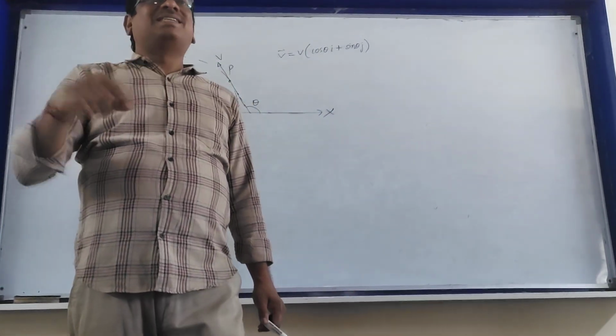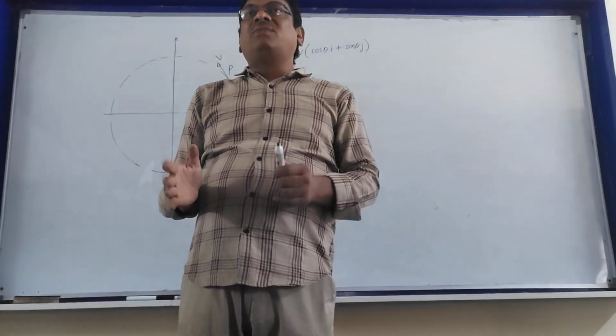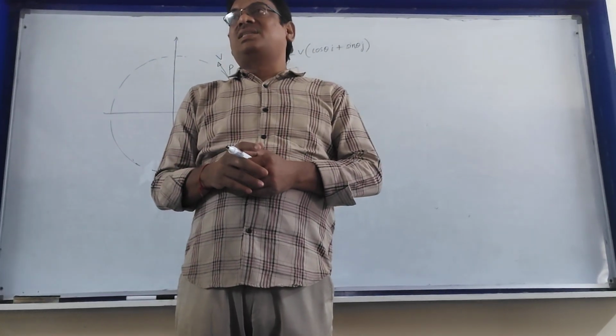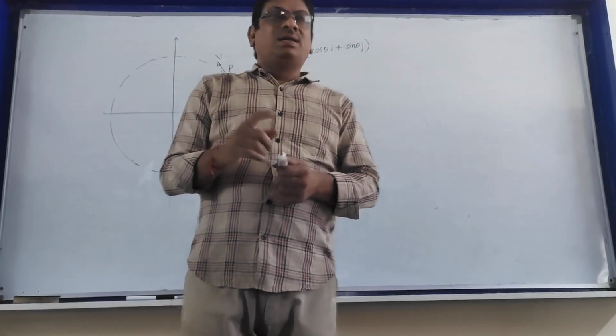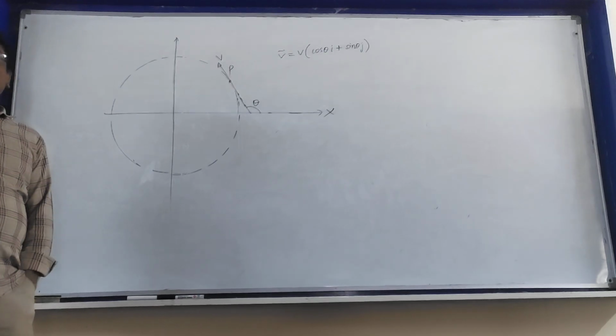So any angle exceeding 360 can be reduced to a value below 360. So by angle, we would mean the effective angle, which is always below 360 degrees.